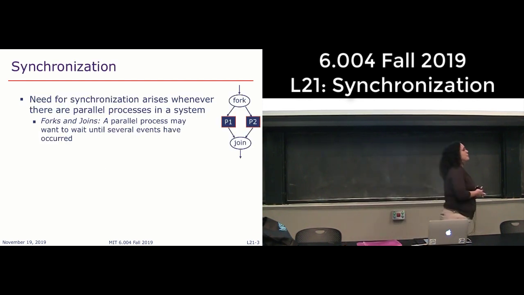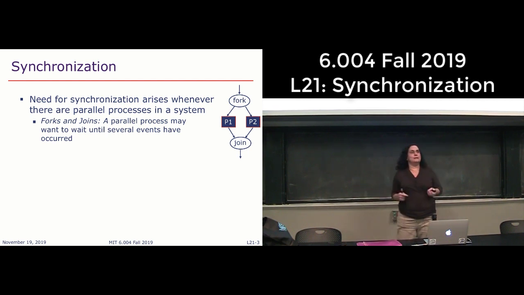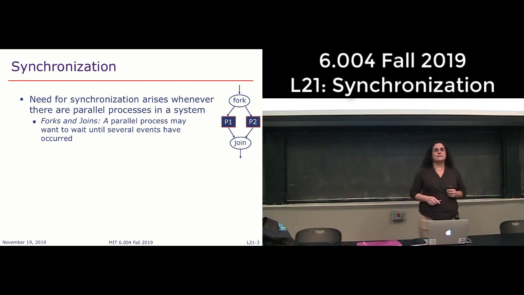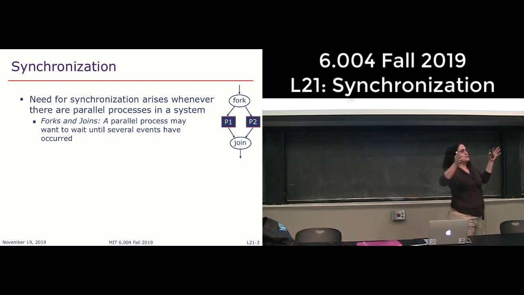The problem that happens the minute we start to do some of these things in parallel is that we have to start worrying about synchronization between these threads. There are multiple reasons that can lead to needing to synchronize between your threads. Here is an example of the first one. Suppose you have some piece of code running in one thread, and then you have some big computation that you want to divide up into multiple threads so that they can execute in parallel.